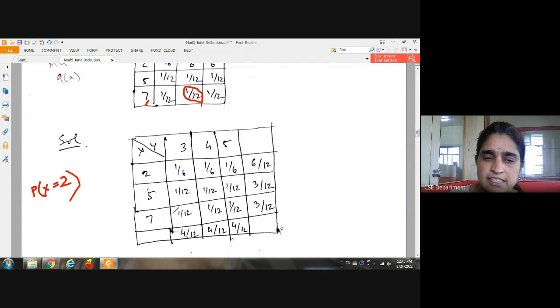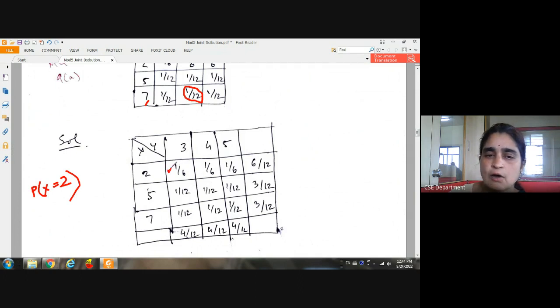Seventh outcome x equal to 7, y equal to 3. Eighth is x equal to 7, y equal to 4. Ninth is x equal to 7, y equal to 5. Nothing else. So in these 9 possible outcomes, which of these had x equal to 2?